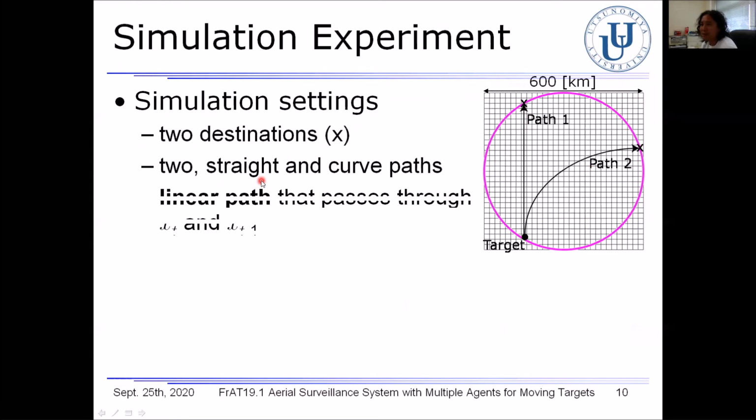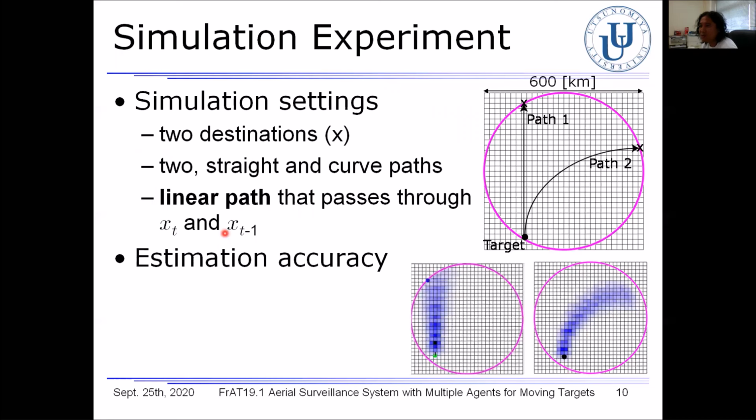And for comparison purposes, the destinations are estimated with the use of a linear path that passes through the recently monitored positions, xt and xt-1. For the estimation, the moving probabilities were calculated in advance. As you can see here, the cells along the path here and here have higher probabilities.